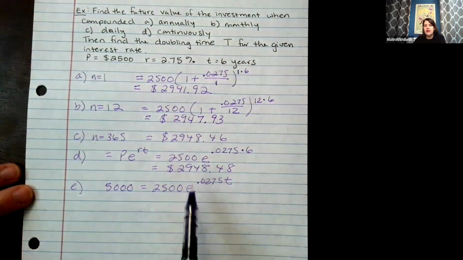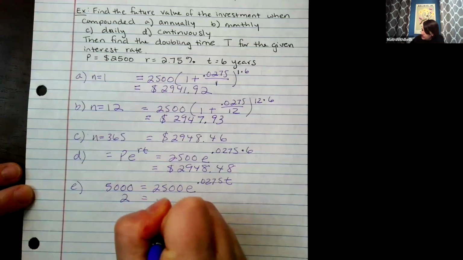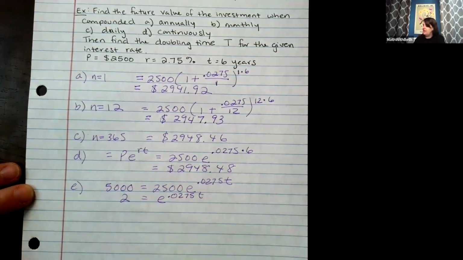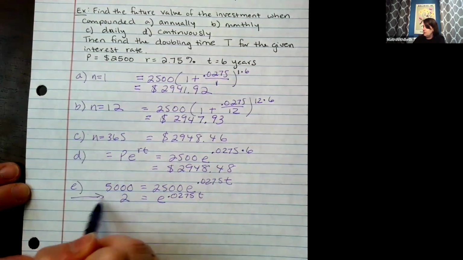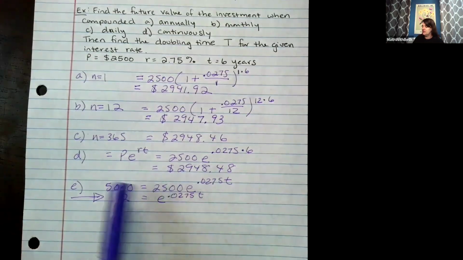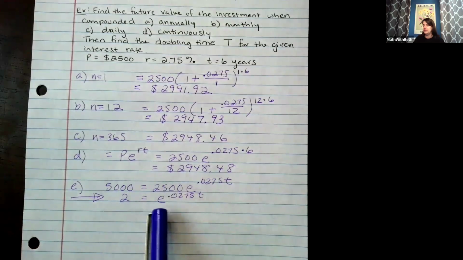Okay, so the shortcut is, because we want it to double, our first step is always going to be dividing by the 2,500 and getting a 2 here. So from now on, if you understand that, you can just start here whenever you're trying to find the doubling time. You can just ignore the actual amounts and just say 2 needs to equal E to the RT. So now how do we solve this?